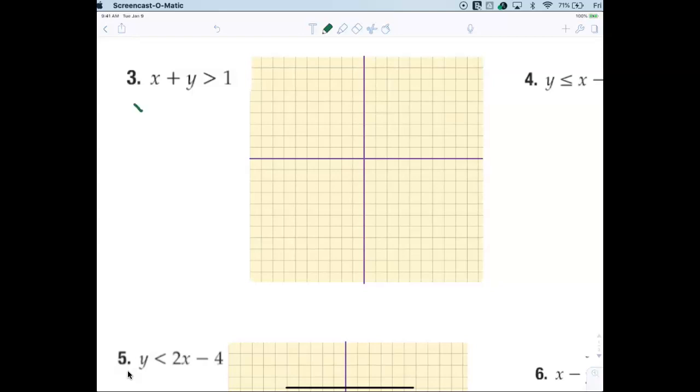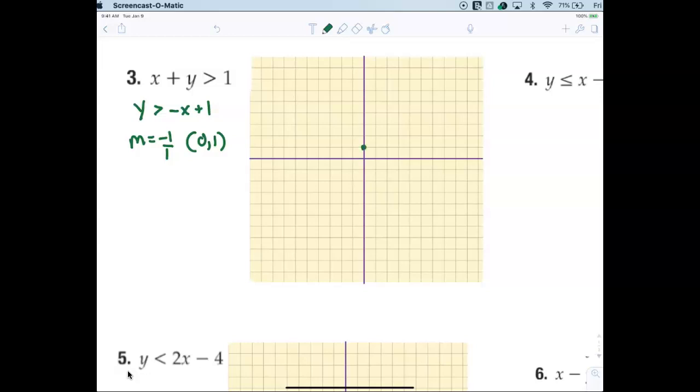So it becomes y is greater than negative x plus 1. 1 minus x is the same, but we want it in the right order. Now m is negative 1 over 1, and the y-intercept is (0, 1).